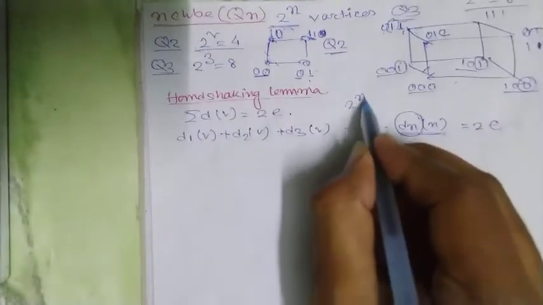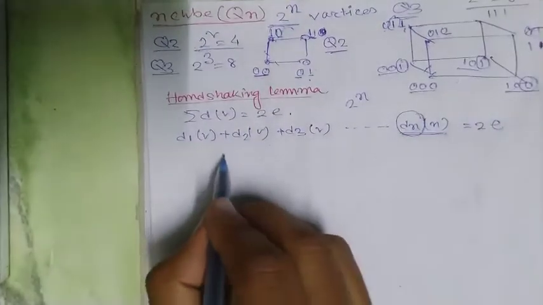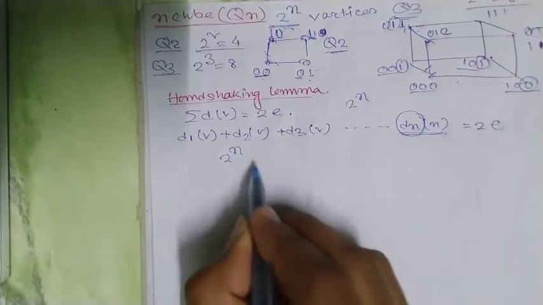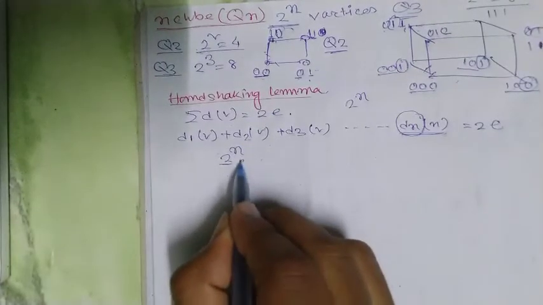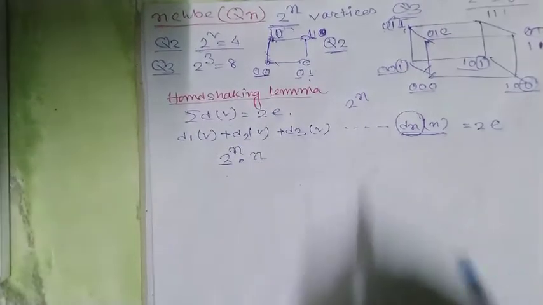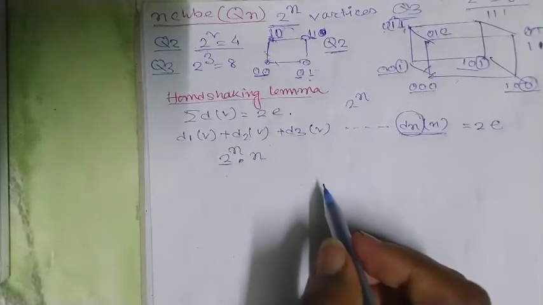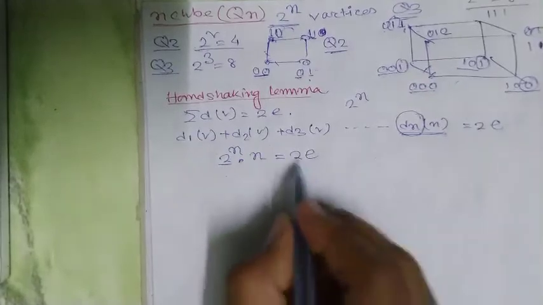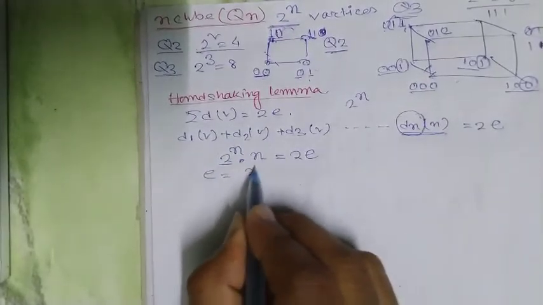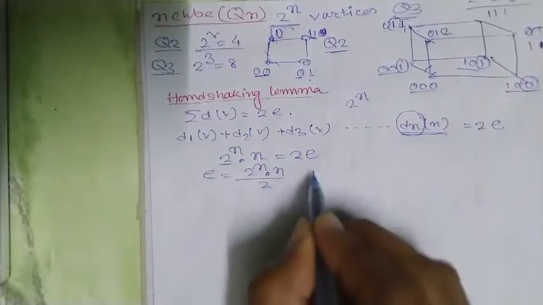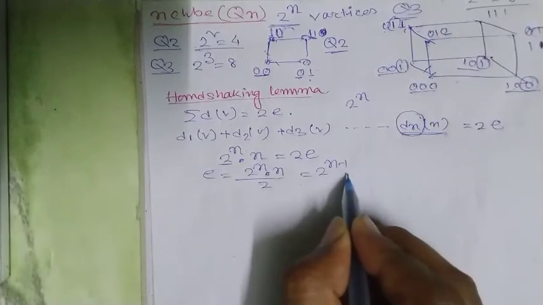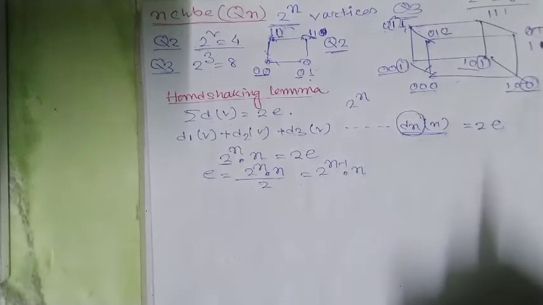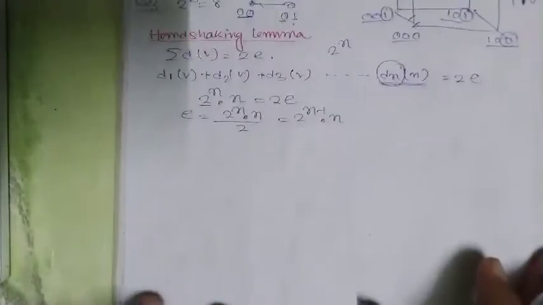We have 2 power n vertices, each having degree n, and that is equal to 2e. So what is the number of edges present here? 2 power n into n by 2, that is 2 power n minus 1 into n. I think this much calculation is clear for everyone.